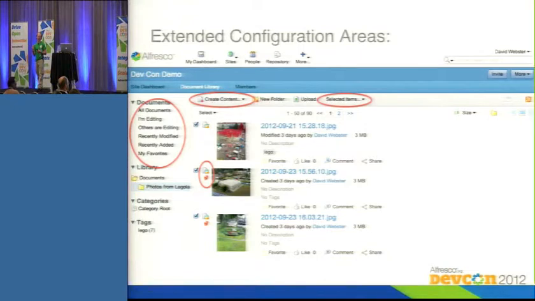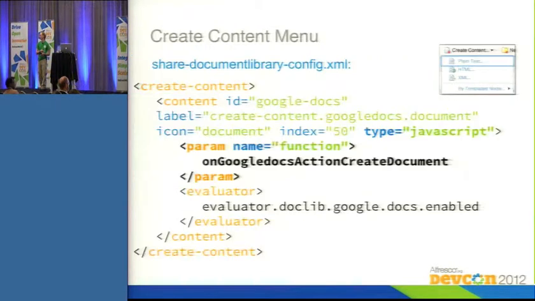And then we've got the indicators, and we've got the document filters on the left-hand side there. So first up's the create content menu. And what we've actually done here is we've added that new parameter that's in bold in that code there. And that was added for the Google Docs integration.